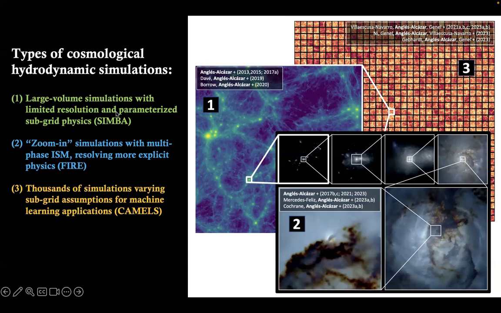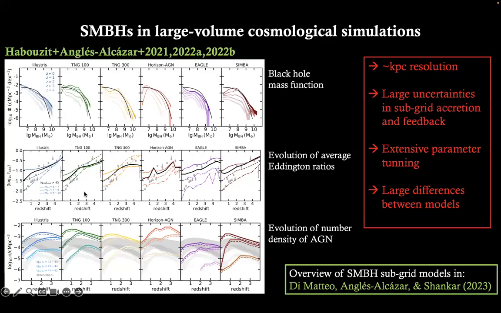So these are different types of simulations used for different regimes. These are, of course, simulations that I'm involved in, so this is heavily biased to work that I've been doing in the past few years, but there are, of course, many groups doing excellent work in all of these directions.